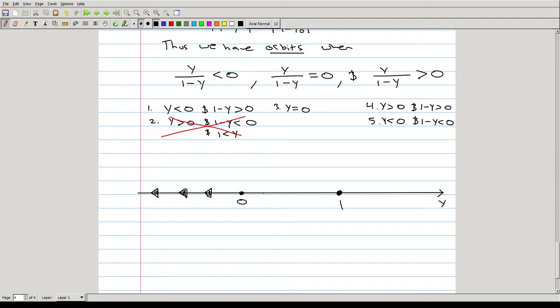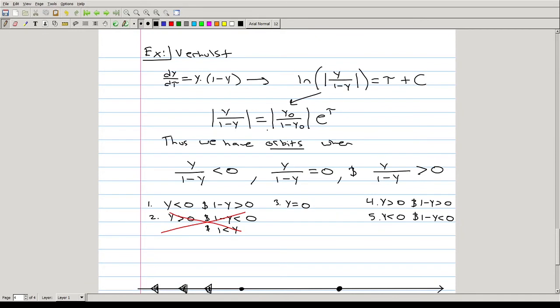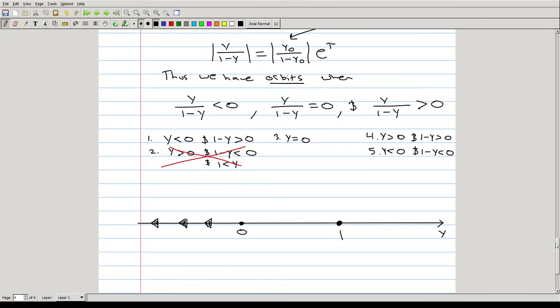I didn't write down the exact solution, but I guess this is technically the exact solution. So it's going to be going down like this, and you can write down the relationship exactly. It'll be y over 1 minus y is equal to negative y naught over 1 minus y naught, absolute value of this, times e to the tau. And you can go through and solve for y in this if you want the exact expression for the solution.